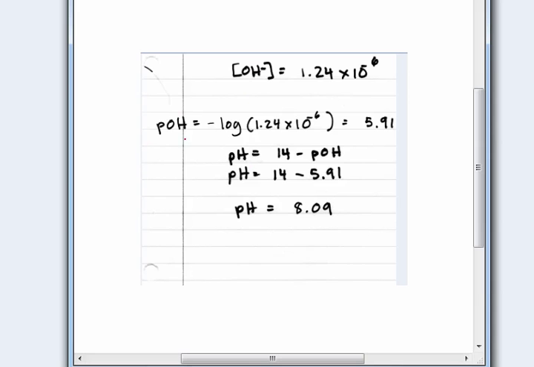I just like to calculate the pOH. So I take the negative log of the concentration of hydroxide, and I get 5.91. Then I remember that pH plus pOH is equal to 14, so pH is equal to 14 minus pOH, and then I get my final answer for the pH. That makes sense because this is a basic solution, so my pH should be greater than 7.